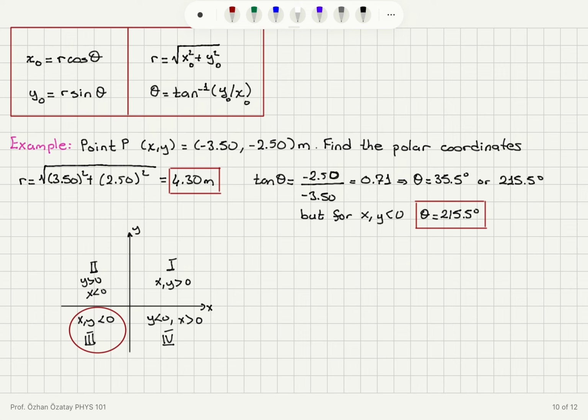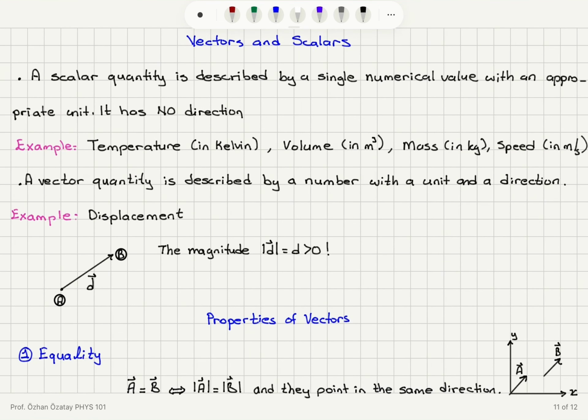By the Pythagorean theorem, r is the square root of x squared plus y squared, and tangent theta is y0 over x0. When we do this transformation, we find the angle may not have a single value, and we have to check which quadrant we are in to determine the correct angle.